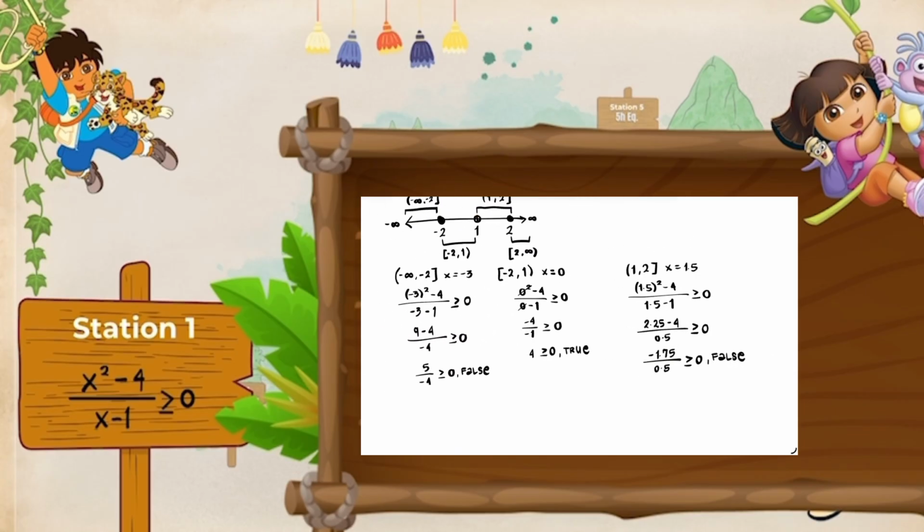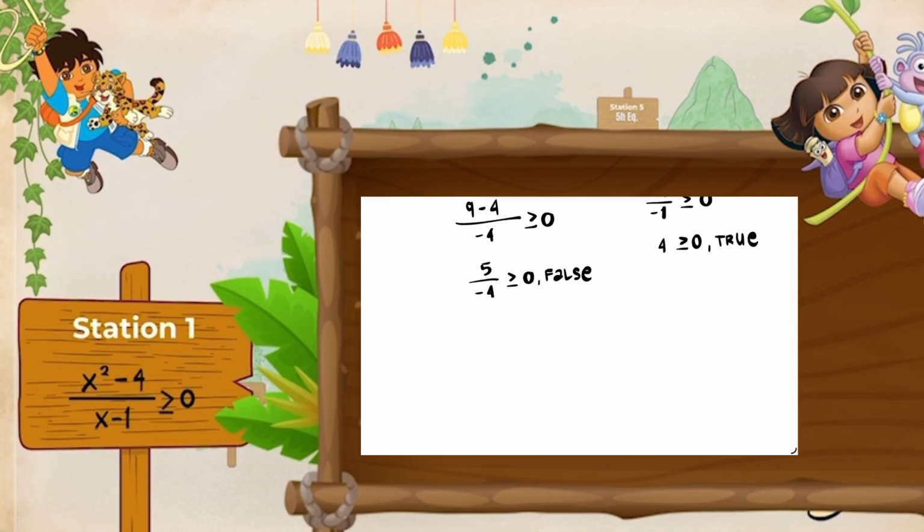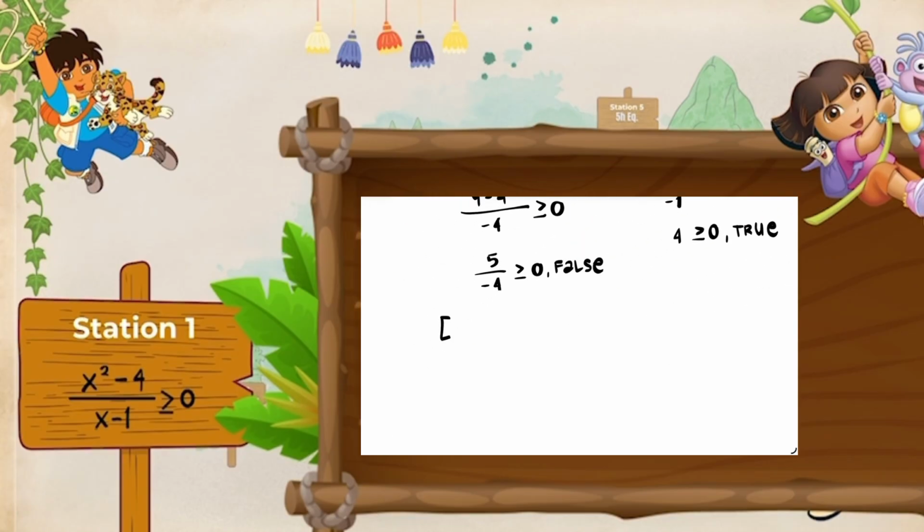Now, let's get to the last pair. Positive 2 and positive infinite. Let's choose positive 3.